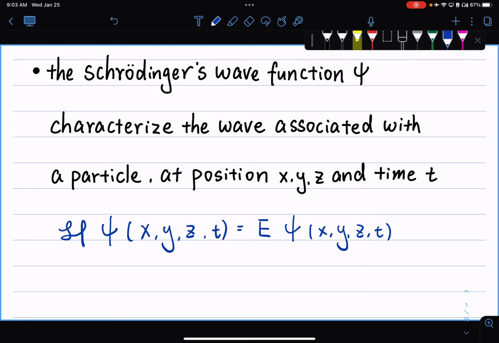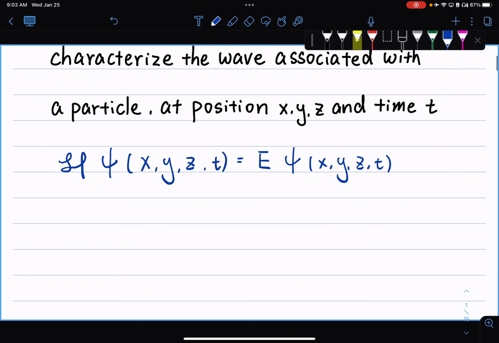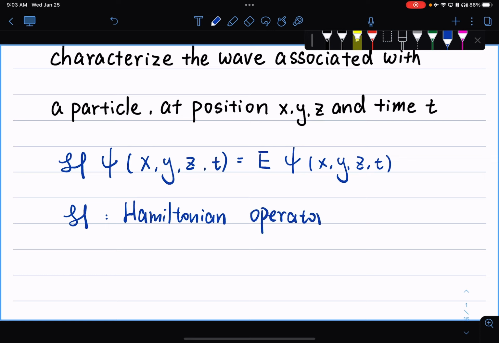So phi, the wave function itself, is a function of position and time of a specific particle. Let me write down what we have here. This Hamiltonian is an operator that tells you about energy. And phi here is a wave function.